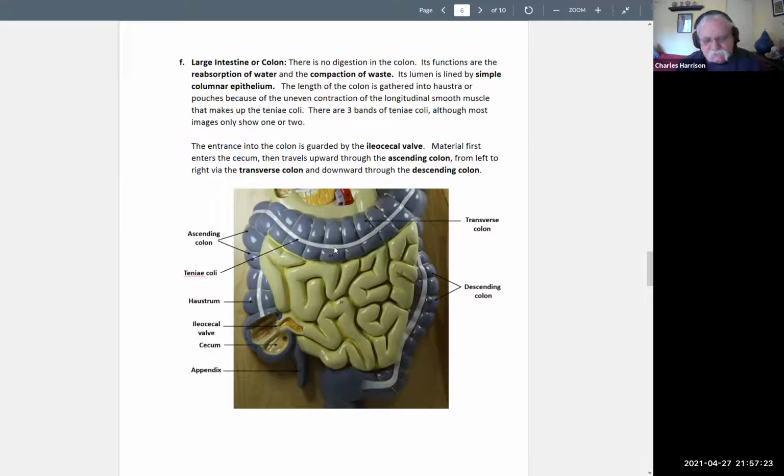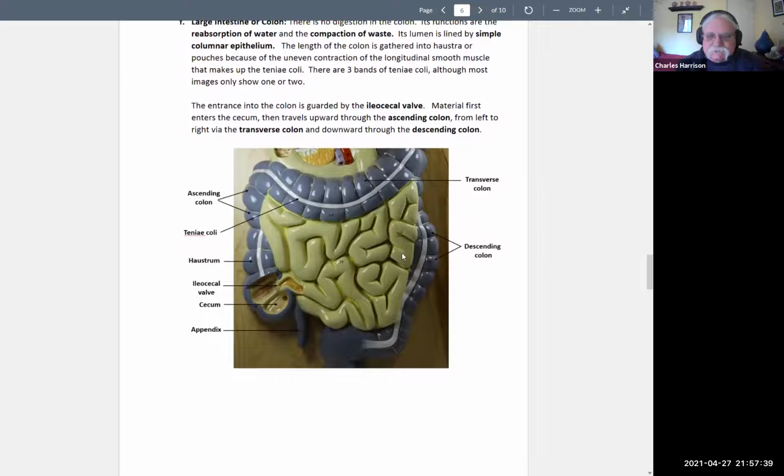The function of the large intestine is the reabsorption of water and the compaction of waste. I don't mind saying it again. That's in the nature of a review sometimes.